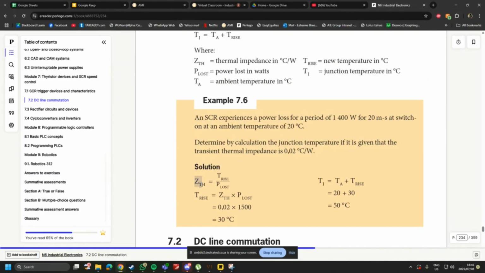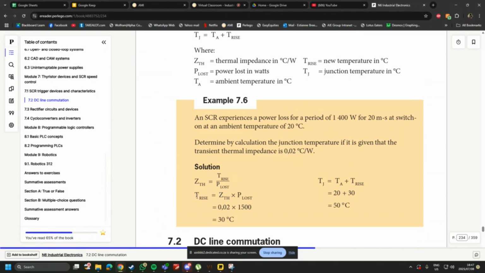So your thermal impedance, that is that 0.02 there. That's your temperature rise divided by power lost. So we're more interested in the increase in temperature of our SCR.